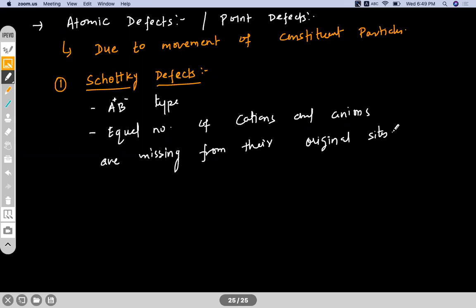So when they are missing from their original position, it creates holes, right?